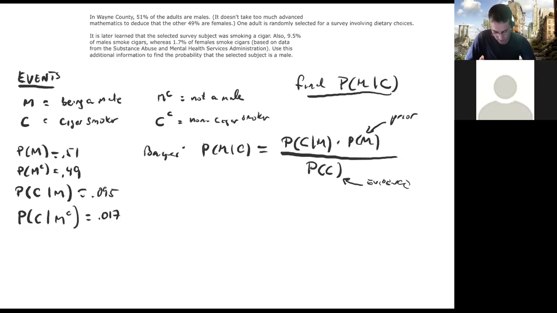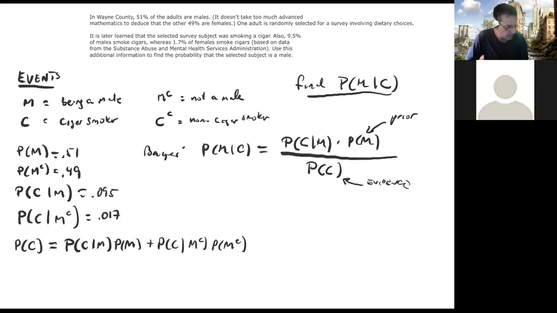So we have most of the information except what is P of C. P of C, using the law of total probability, is the probability of C given M times the probability of M plus the probability of C given M complement times the probability of M complement.